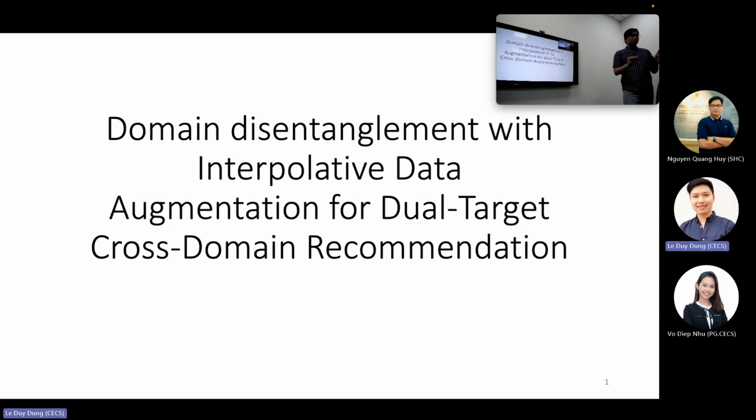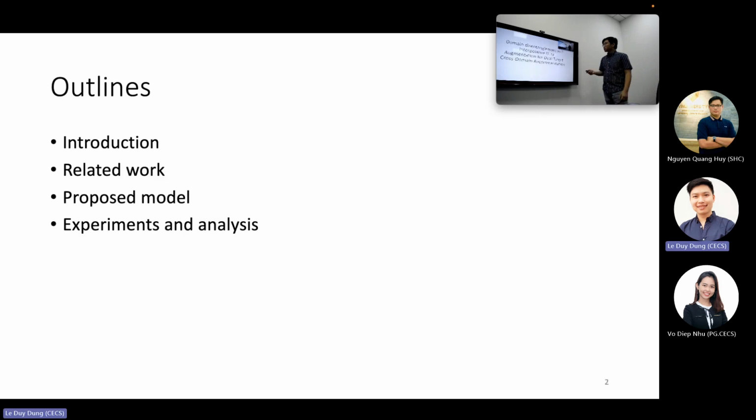So instead of maximizing an objective function for only one domain, they have multi-domain. Then they present cross-domain recommendation and domain disentanglement in topology data.